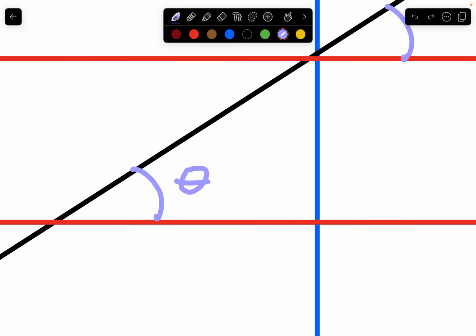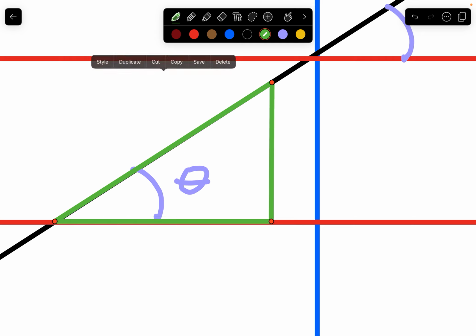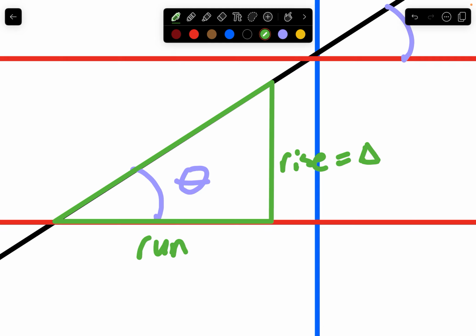What we're going to do to find it is create a right triangle anywhere we want, using the line as our hypotenuse. So just think real hard about this. We call this rise and we call this run when we're talking about a graph. That's called delta y. This is called delta x.